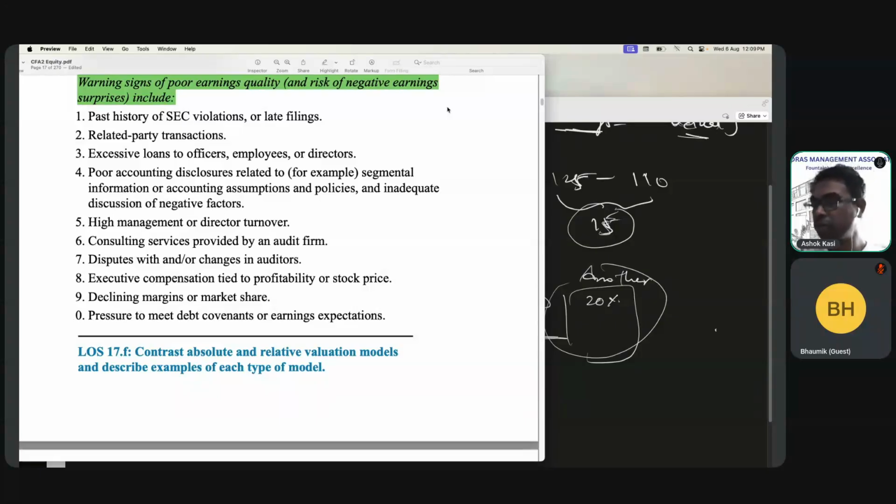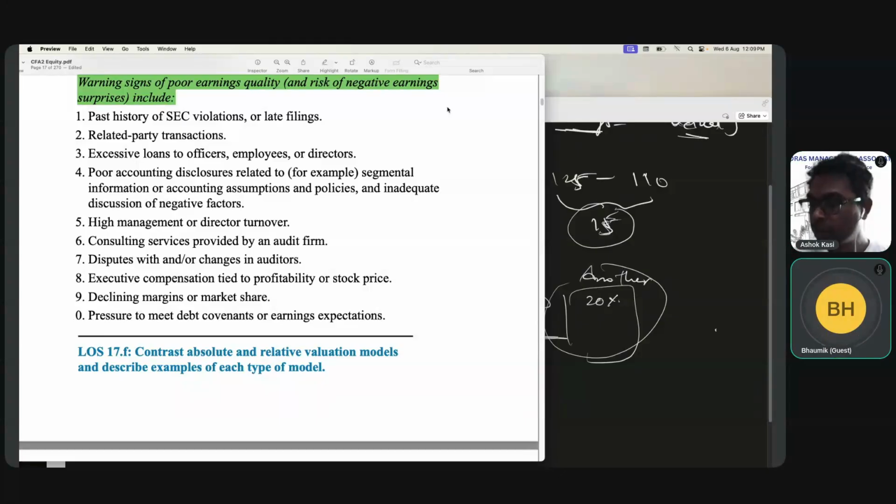Take Byju's, where Deloitte, I think Deloitte or PricewaterhouseCoopers, was the auditing company. In any accounting fraud that happens, how come the auditing firm is unaware of all those things? So that means the consulting services provided by an auditing firm is not a very genuine one.